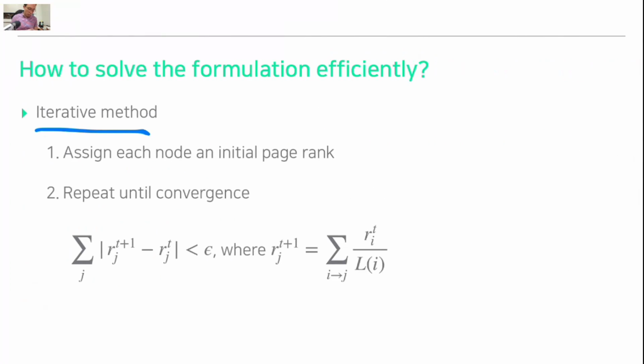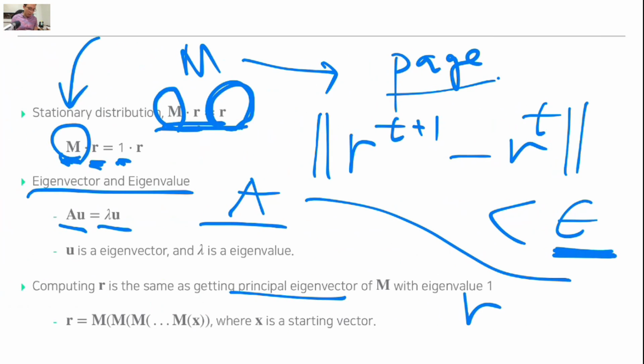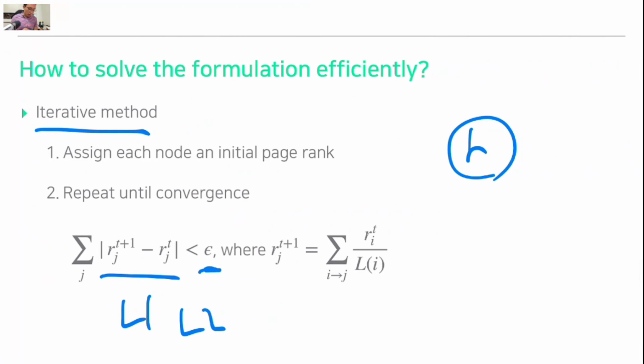We get the difference using the L1 or L2 norm. We repeat this, and we just return the result without computing the exact eigenvector. We just keep iterating till convergence.